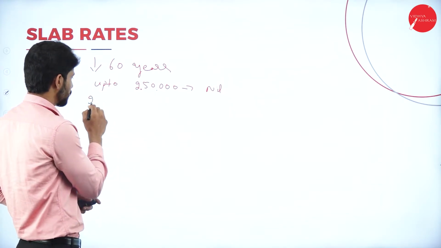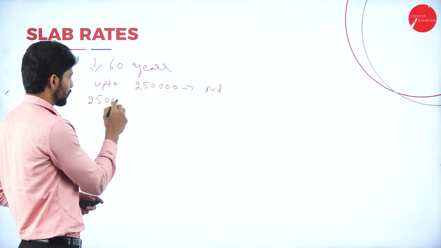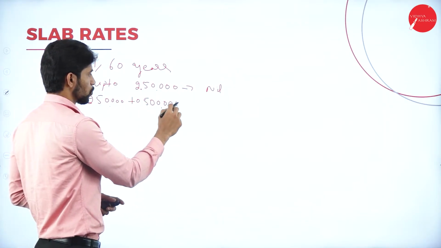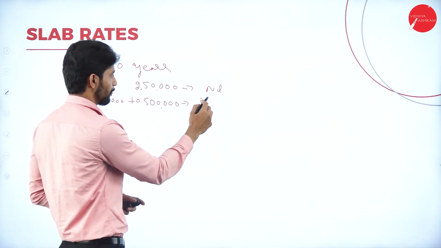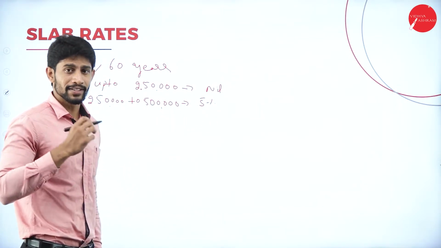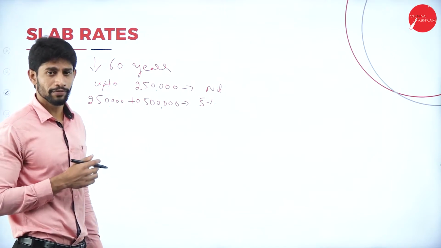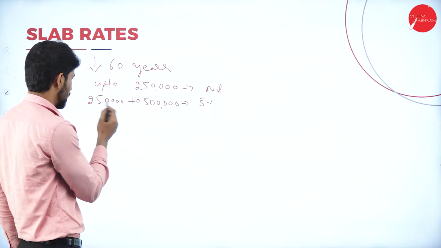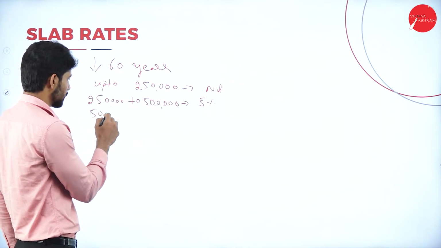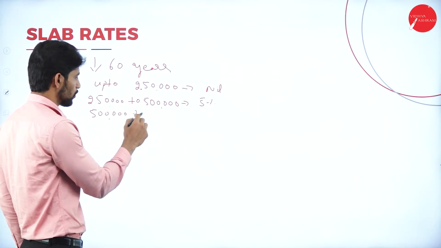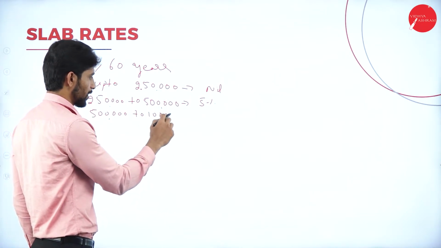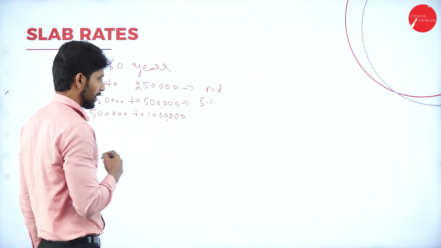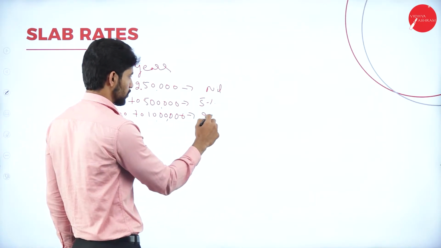Next, 2,50,000 to 5 lakhs, it is 5%. If the assessee is earning income between 2,50,000 and 5 lakh, then the tax applicable is 5%. Next, 5 lakhs to 10 lakhs, it is 20%.